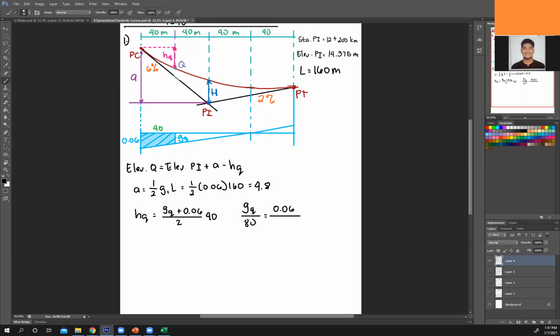Total length for A12, so this is 120. Therefore, what's GQ? It's correct, 0.04, Reynolds and Lawrence. Sub that here.